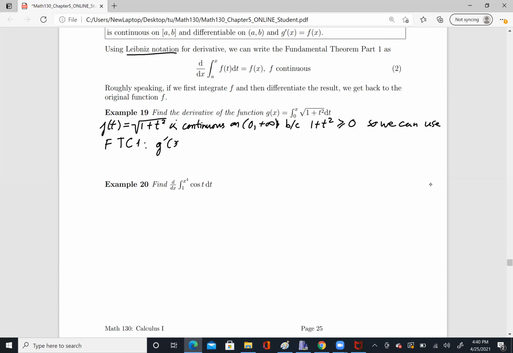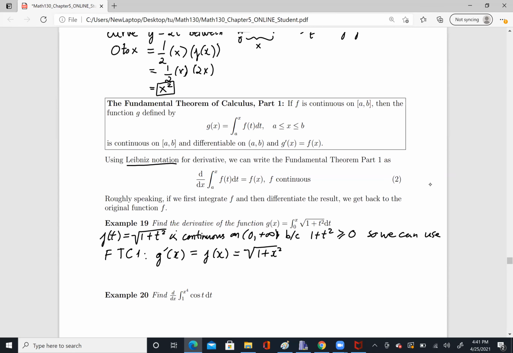Then g'(x) will be equal to f(x), and will be equal to square root of 1 plus x squared. Okay, so you can see up here the derivative of the integral will be equal to f(x).